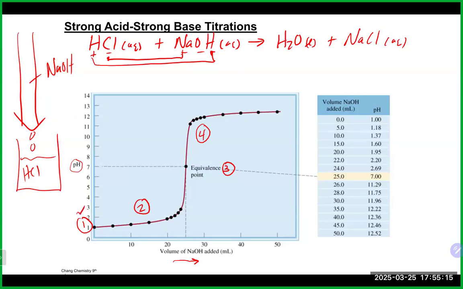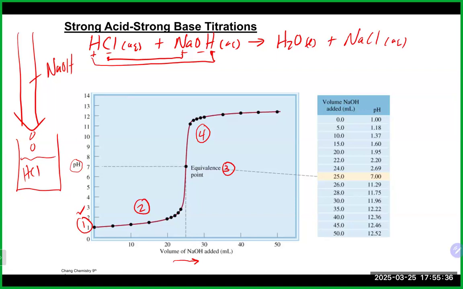At this point, we're going to actually start the titration as we move into the second area up there on the titration curve. Now, as I'm doing a titration, I am doing nothing but continuously adding volume, and as we talked about, that does affect the calculations we have to do.